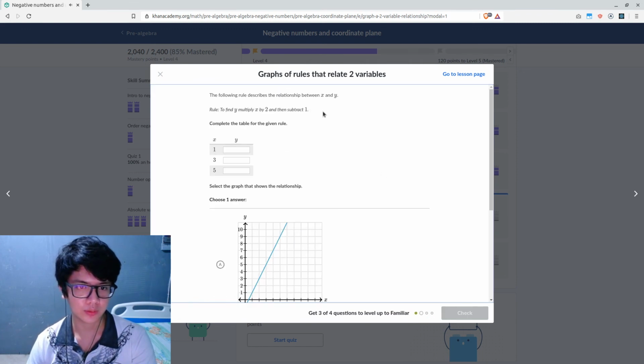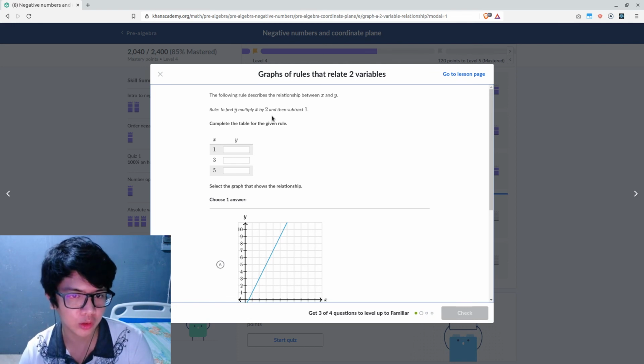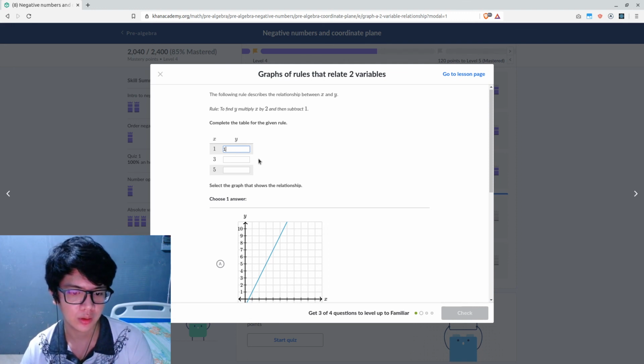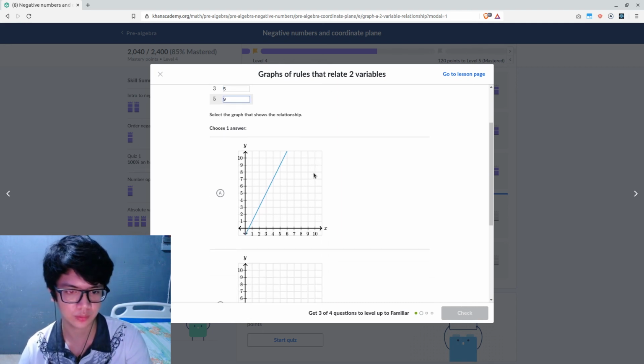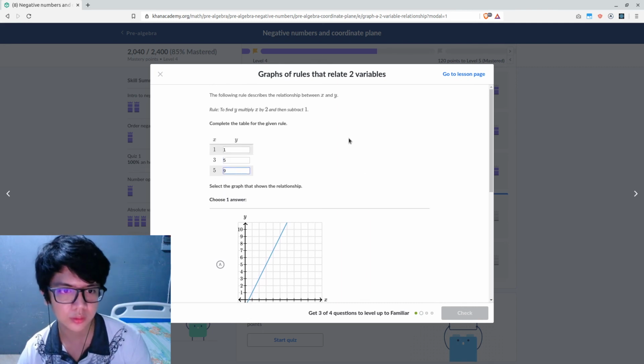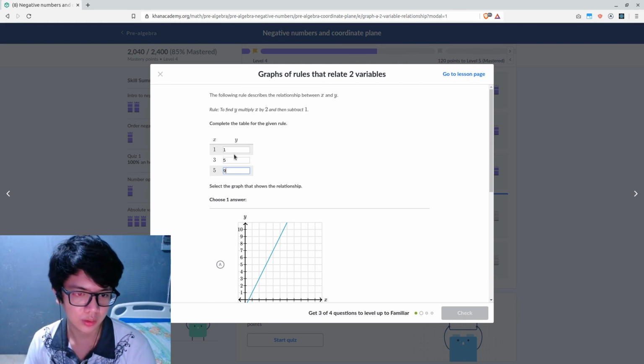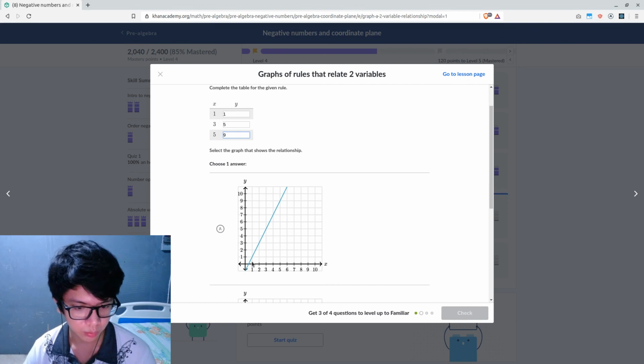The problem is to find y: multiply x by 2, then subtract 1. We have 1, and then this x is gonna be 5, 9. Yep. 1, 1.